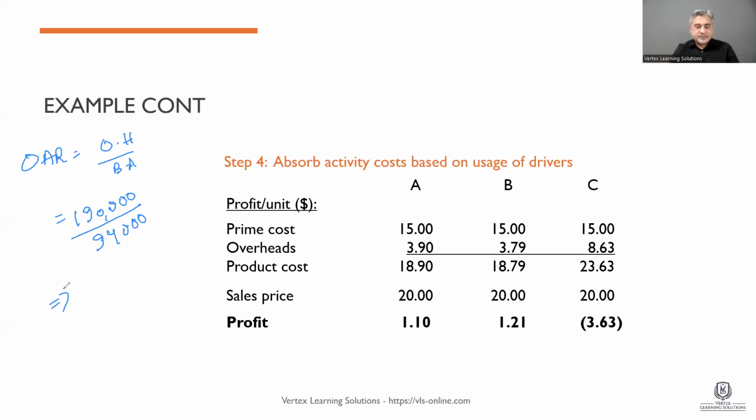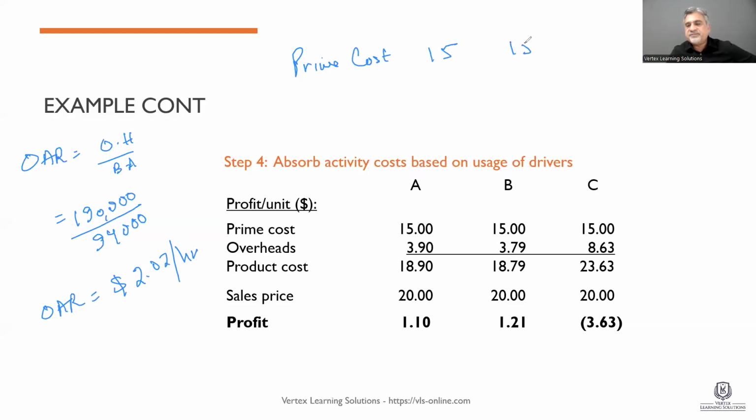So 94,000. So 190,000 divided by 94,000, your overhead absorption rate, your OAR, would be $2.02 per hour. So if I have $2.02 per hour, and I say, okay, now let's start doing my prime cost for A, B, and C. For A, it is 15.